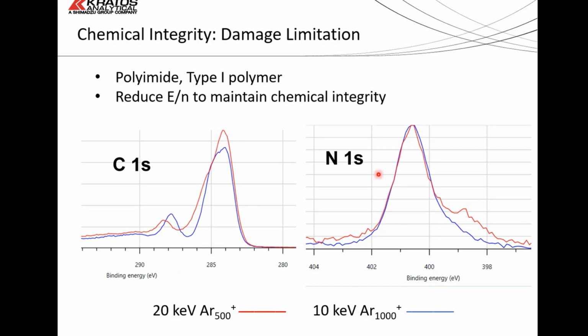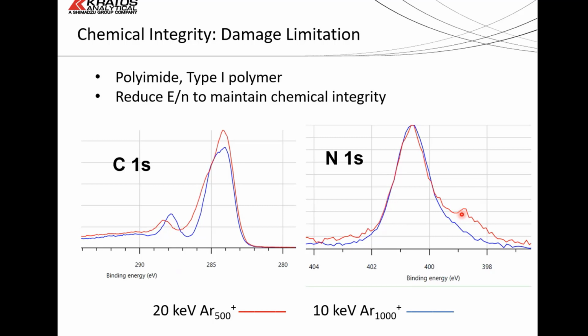Similarly in the nitrogen 1s, the higher binding energy peak is the pristine polyimide peak. There's a lower binding energy peak here, which results from damage, and you can see that's quite strong in the 20 kV data.